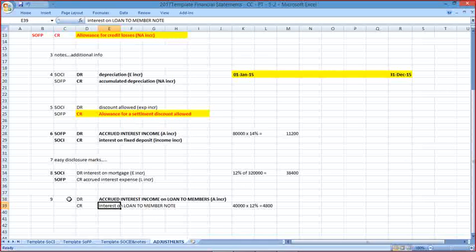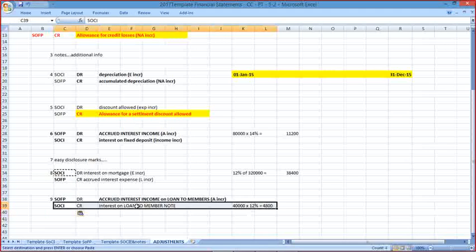Right, so financial position here, comprehensive income there. Let's do the comprehensive income first. 4,800 interest on loan.